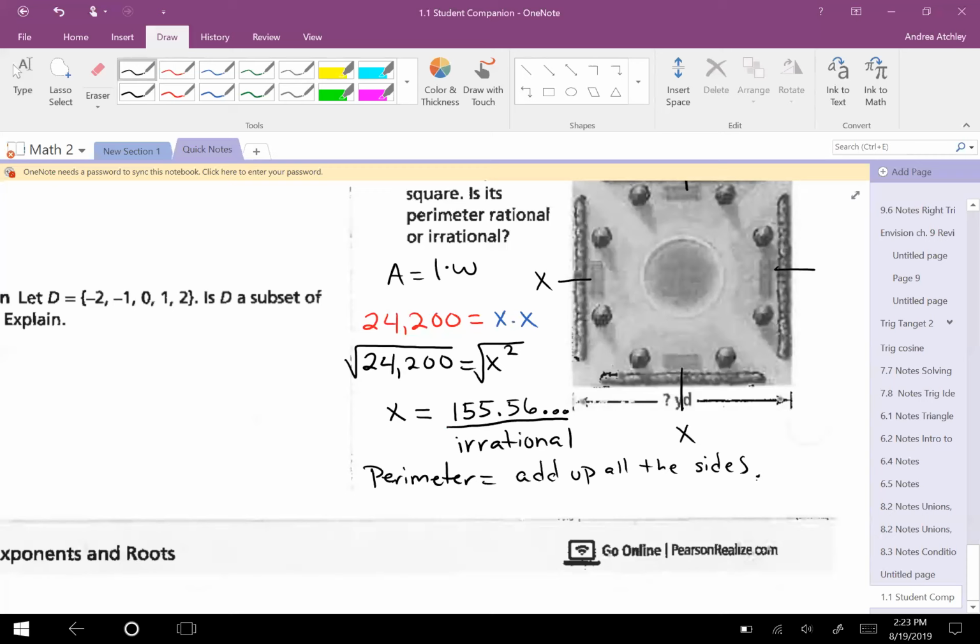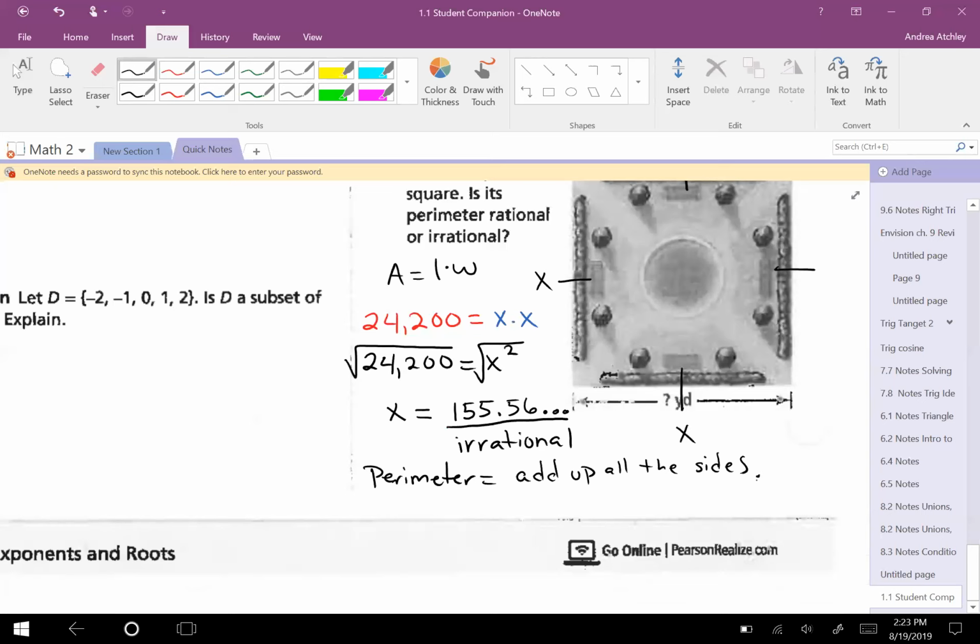Irrational. If I add irrational numbers together, they're going to be irrational. If I add rational numbers together, the answer will be rational. Does that make sense? I will never add a bunch of rational numbers and it becomes irrational. I will never add a bunch of irrational numbers and my answer will be rational. Does that make sense?